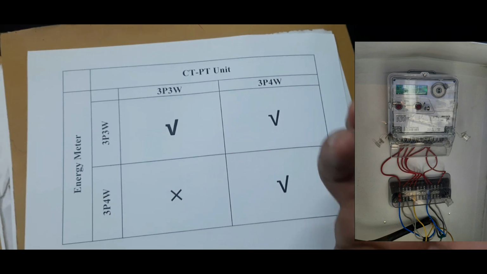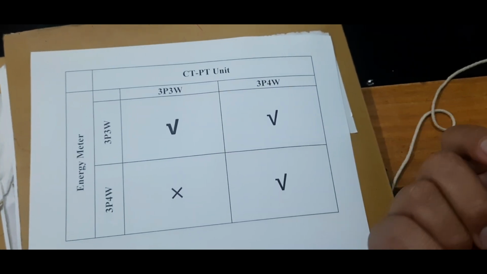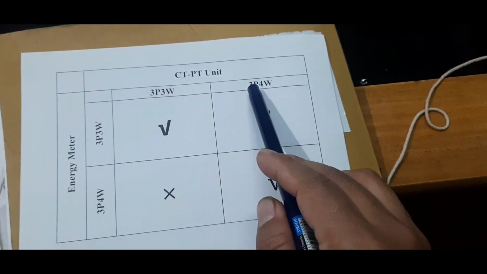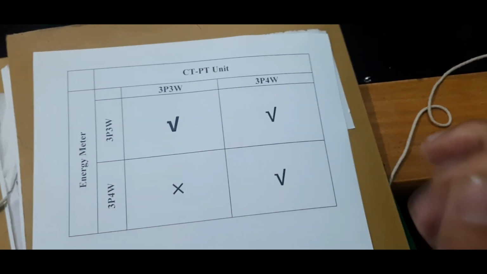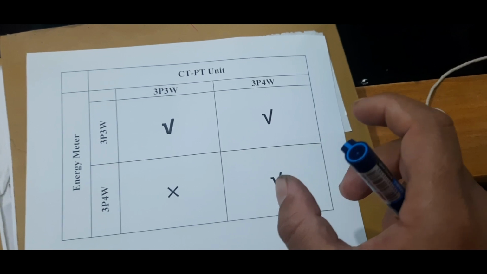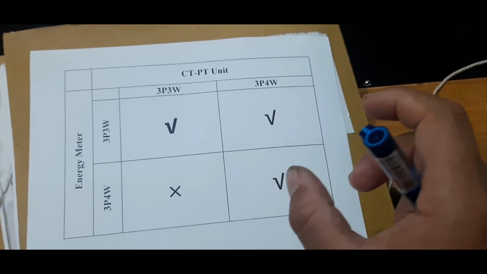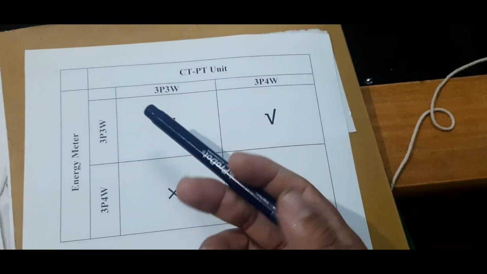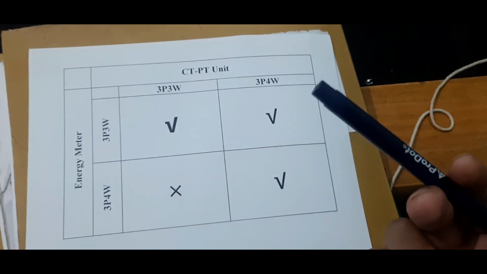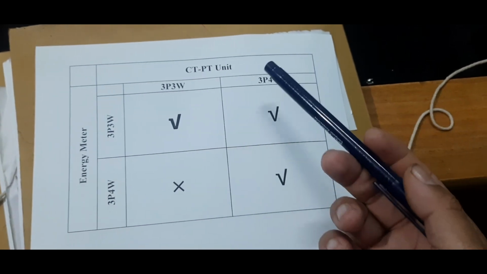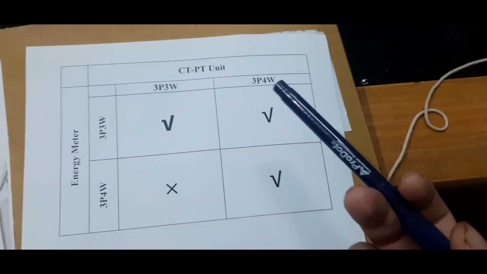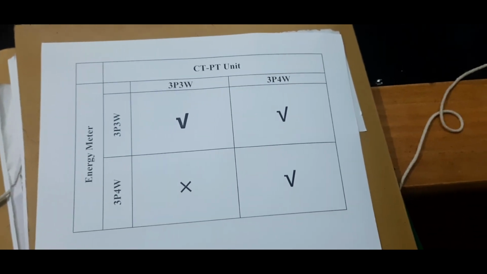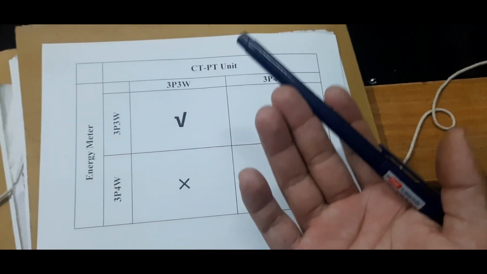When the Y-phase secondary CTs are shorted, it will act as a three-phase, three-wire CTPT unit. When you connect this to a three-phase, three-wire meter, you don't need a neutral. You just have to take all the phases A, B, C, and current only from the R and B phase.